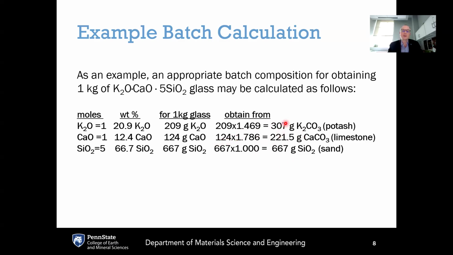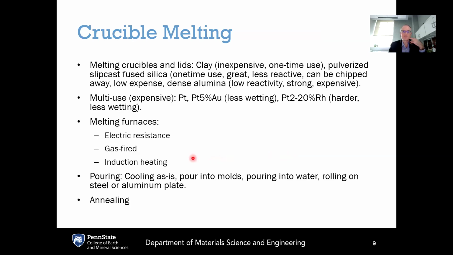So the total amount of batch that you get would be adding up all of these weights, and this is something closer to 1.2 kilograms, and then you're losing about 200 grams in carbon dioxide that gets released. And then what you end up with is just 1 kilogram of glass.